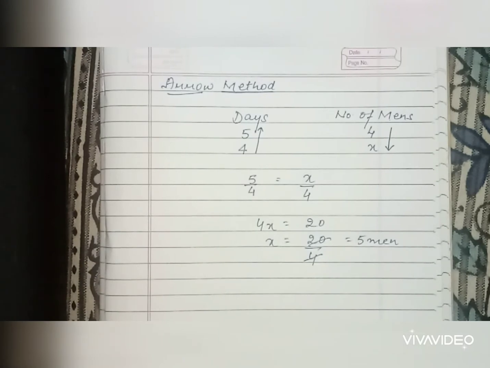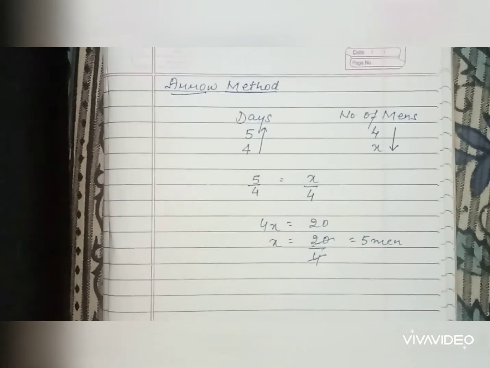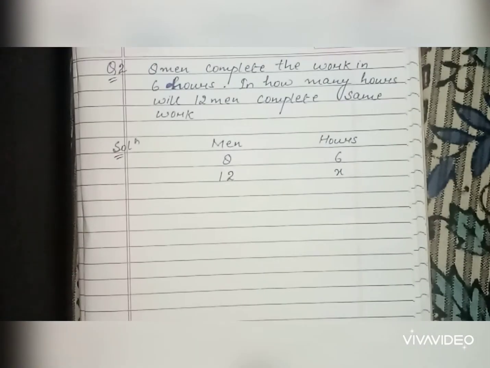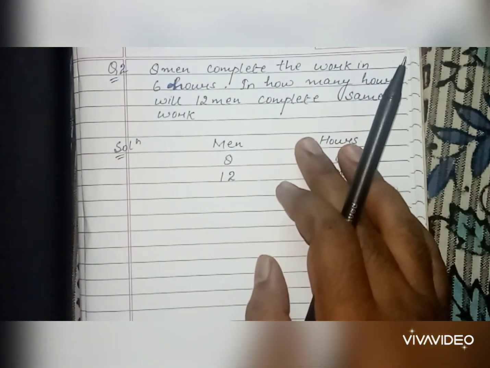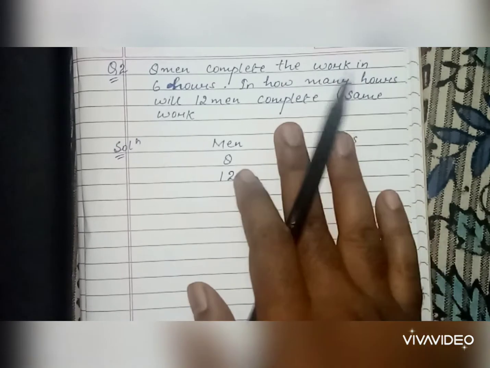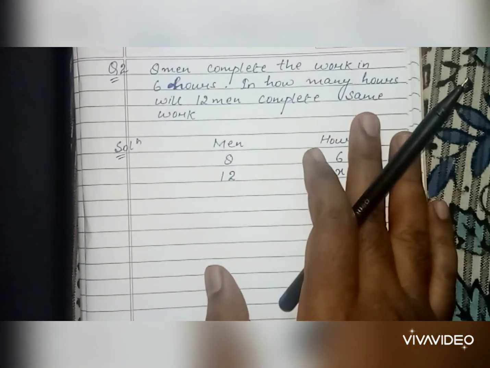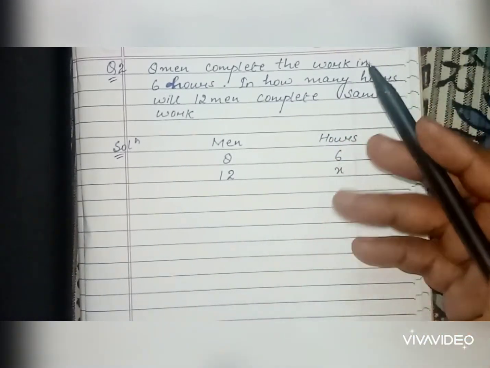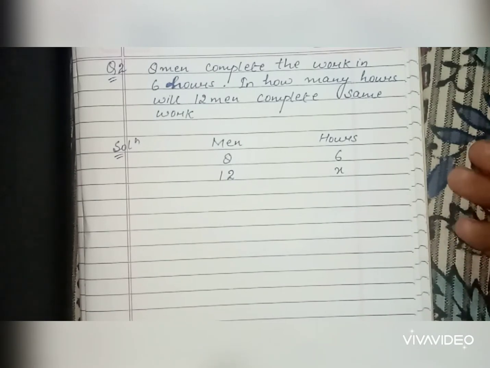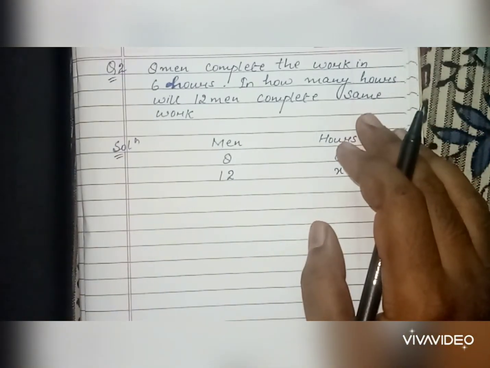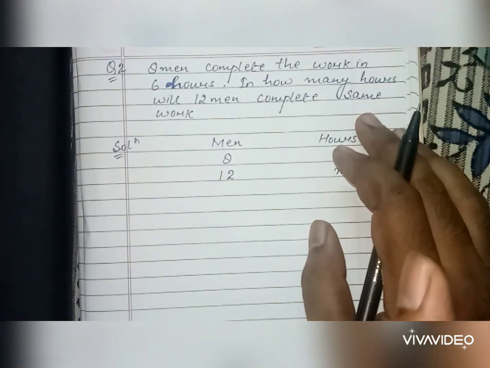Now let's see another question based on inverse variation. This is the last one for this session. Don't worry, we will take a few more questions based on direct and inverse variation in tomorrow's session also, so you may become very familiar with direct and inverse variation.